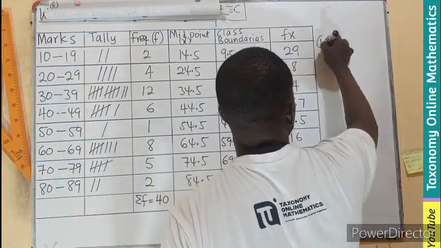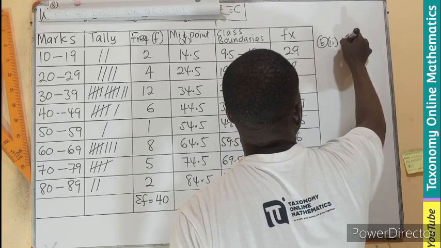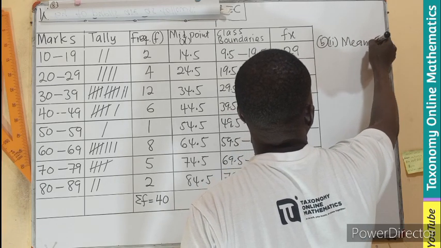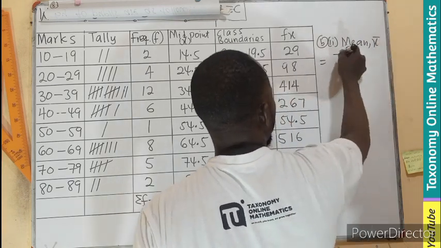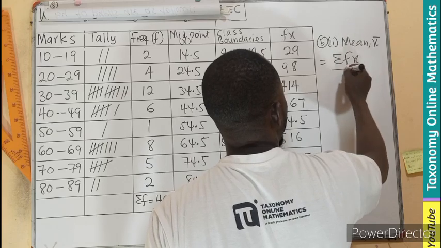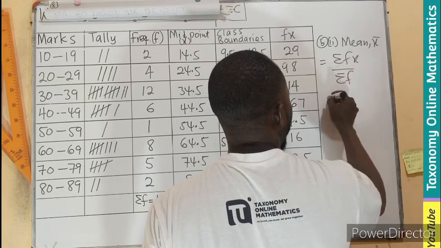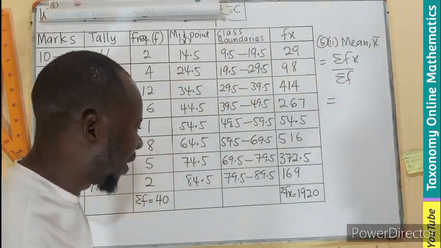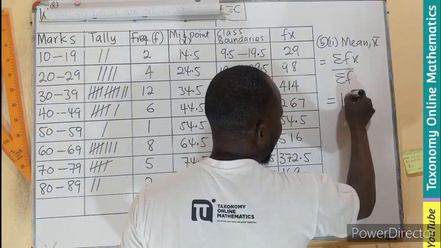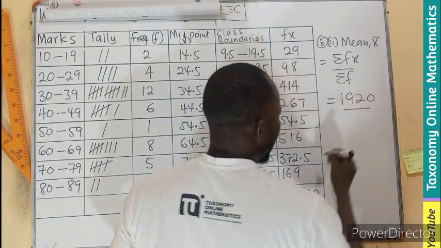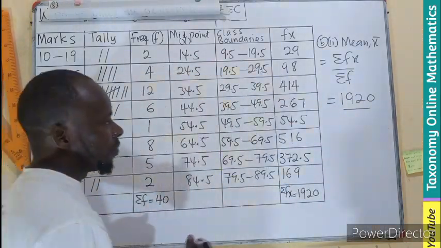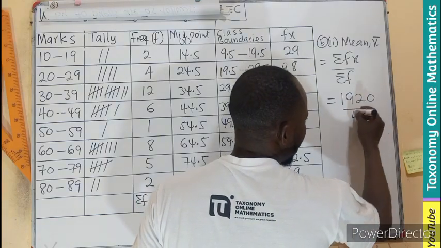So we know mean is equal to the sigma fx over sigma f. What is the sigma fx? That is 1920 divided by the sigma f, which is 40.